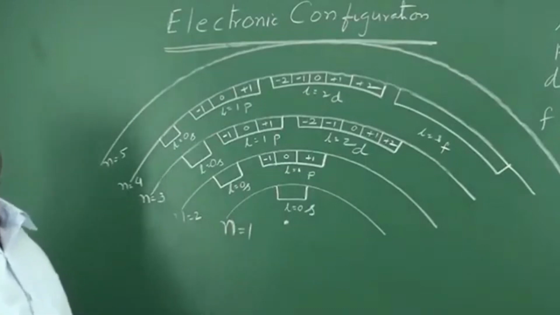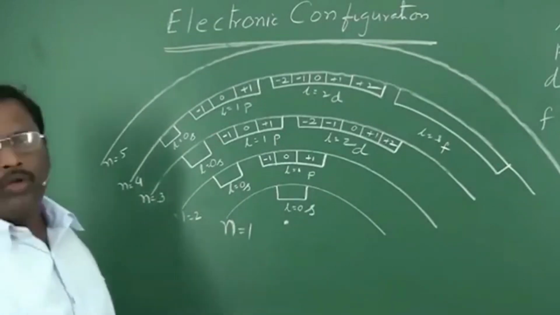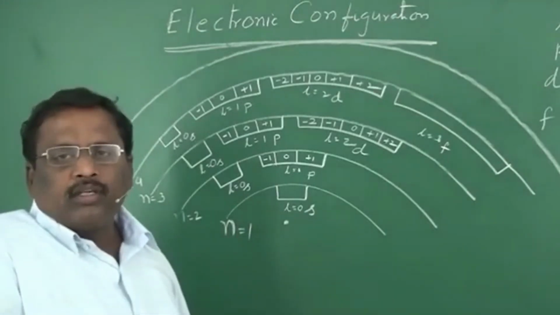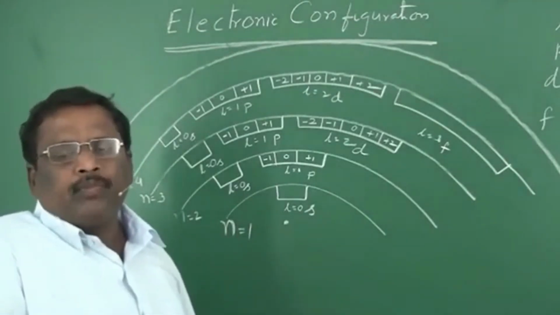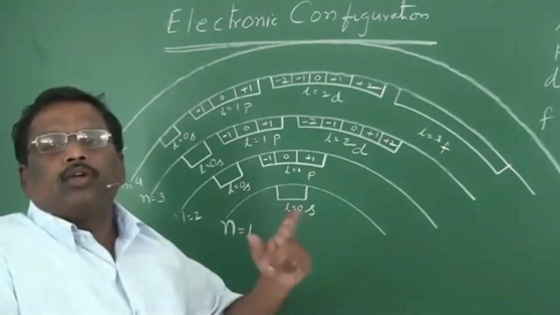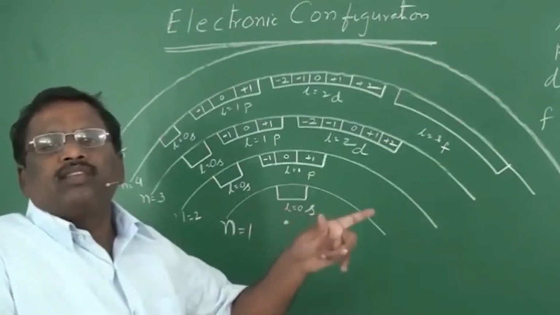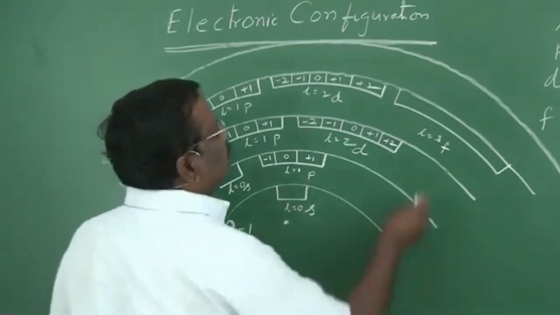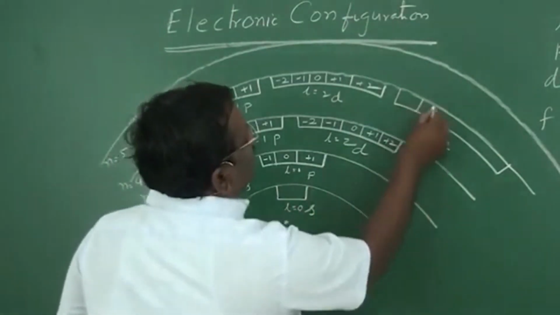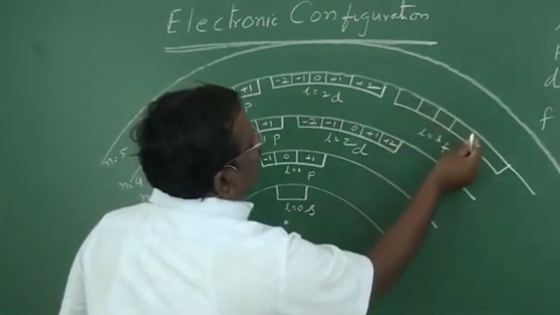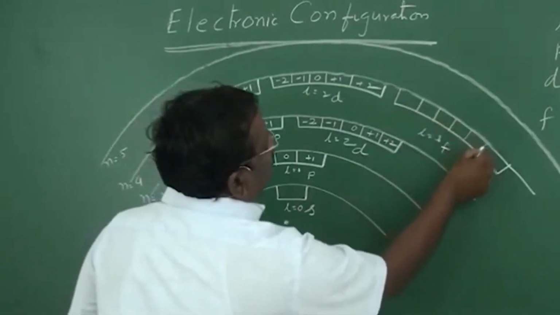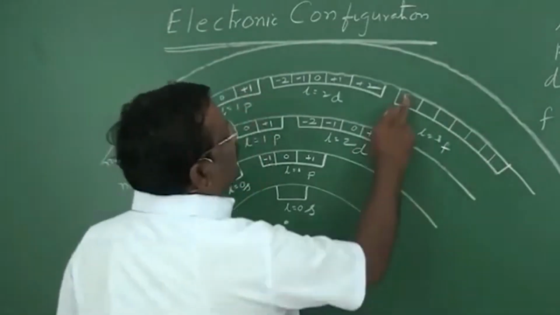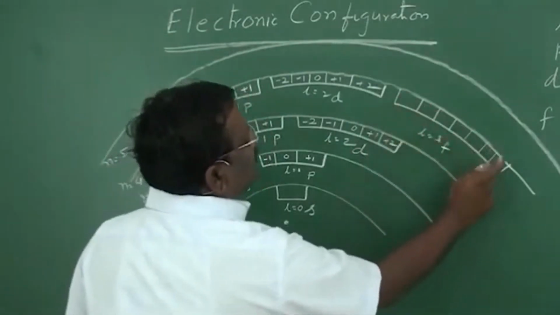Similarly, F sub-energy level will have 7 orbitals. For F, L value is 3. 2L plus 1, 2 into 3 plus 1. 2 threes are 6, 6 plus 1, 7. So there are 7 orbitals in the F sub-energy level: 1, 2, 3, 4, 5, 6, 7.